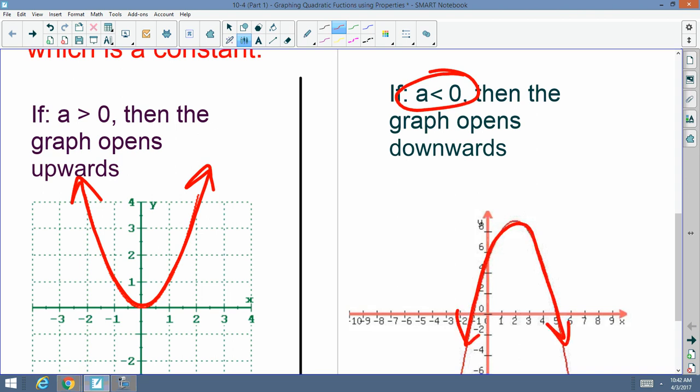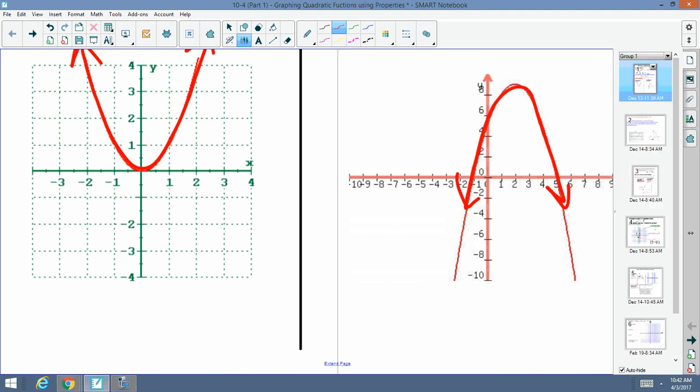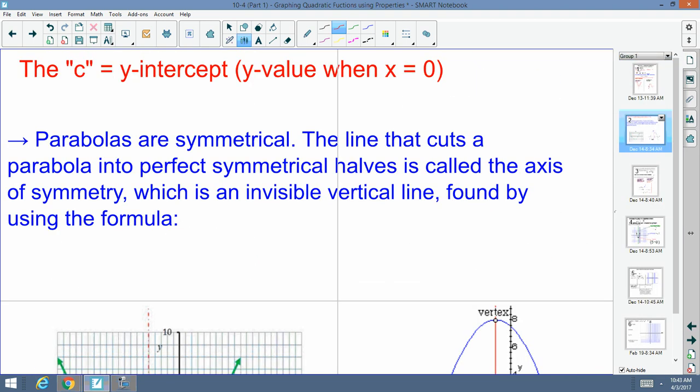So if you're graphing a quadratic function with a positive a and your graph is going down, stop, erase it. You know you did it incorrectly, not a big deal. Next, the c is the y-intercept. Remember that.